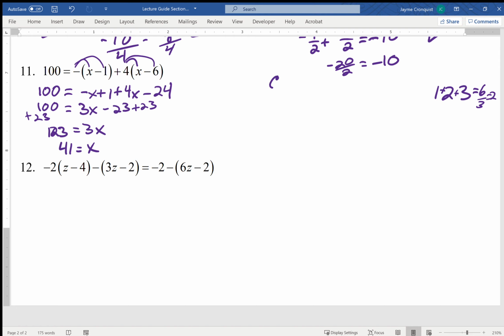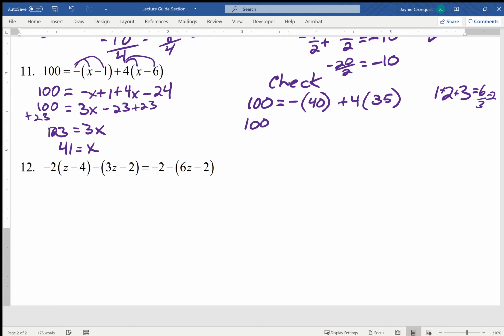Let's check. 100 equals negative 41 minus 1. Well, that's 40. Plus 4 times 41 minus 6 is 35.